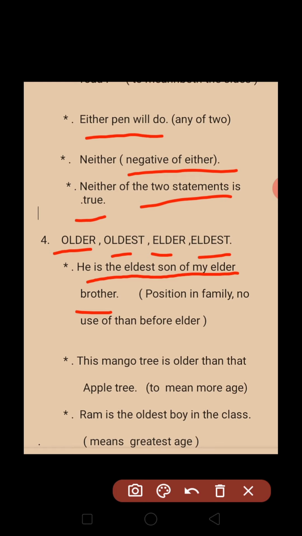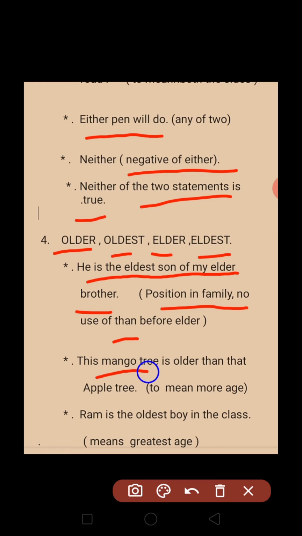This is the family relationship, and the position in the family is meant by its use. And here another important thing is that than is not used after the elder comparative form. So let us see the example.